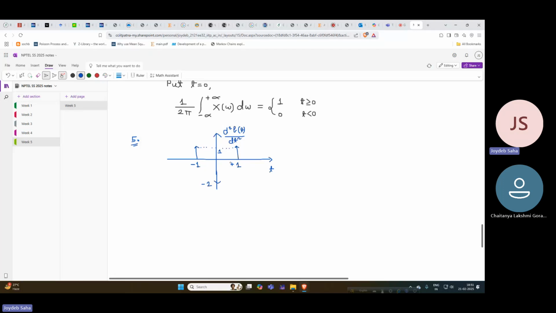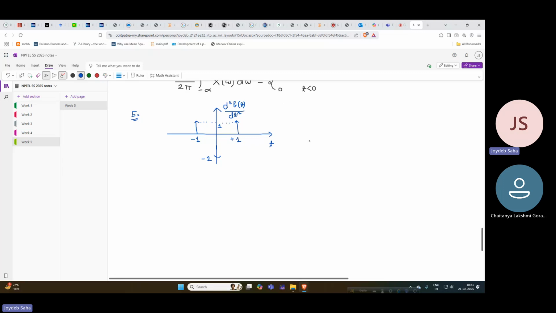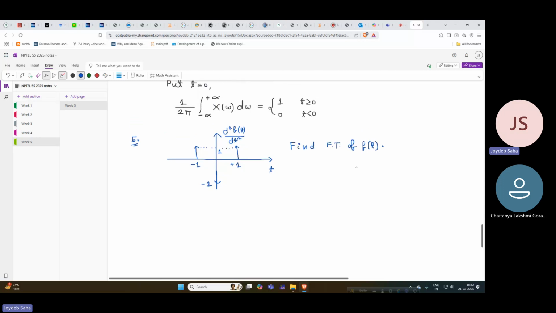The question is: find the Fourier transform of f(t). Very interesting question. d2f(t)/dt2 is given and our task is to find the Fourier transform of f(t).